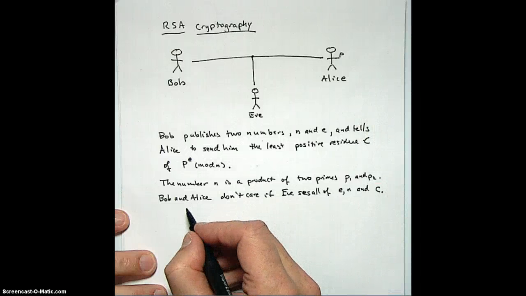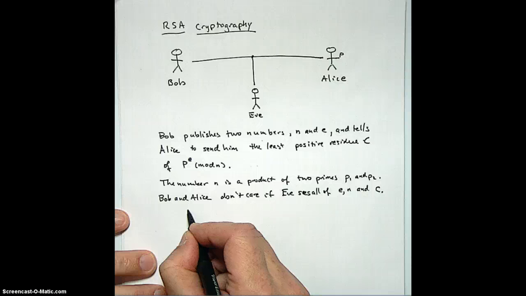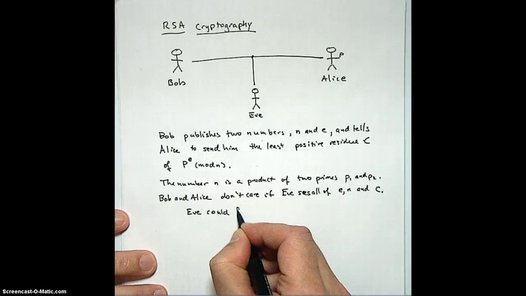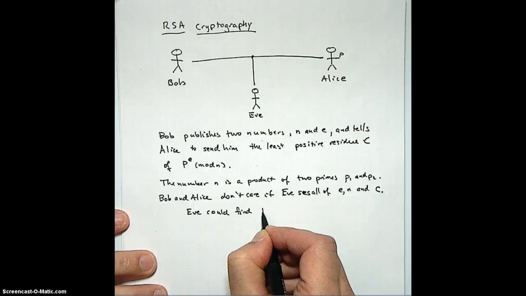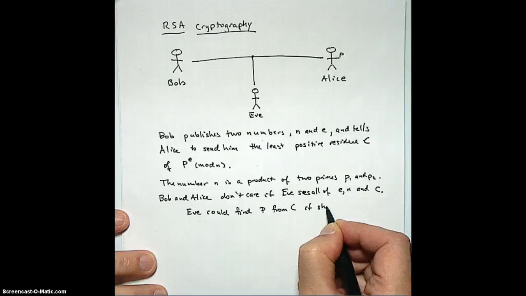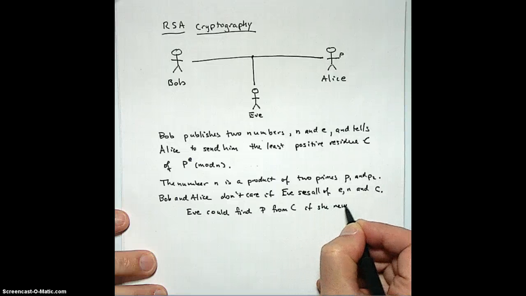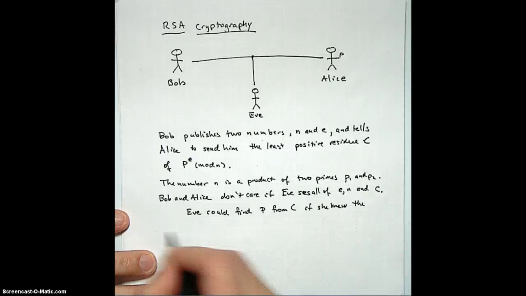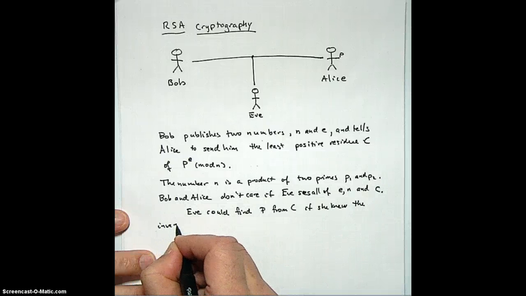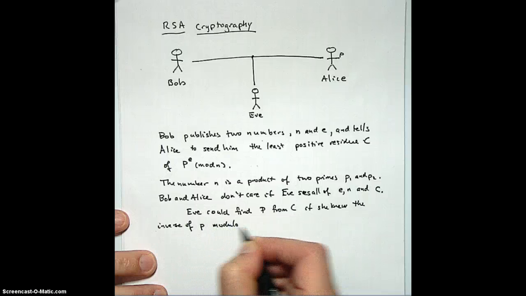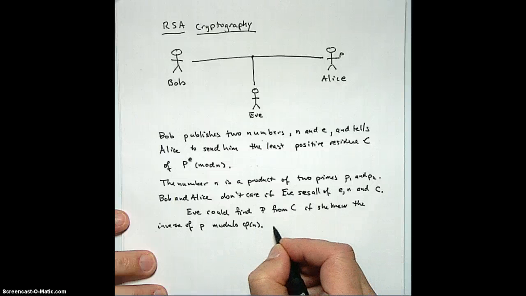All right. So Eve could find P from C if she knew the inverse of E modulo phi of N. Why?